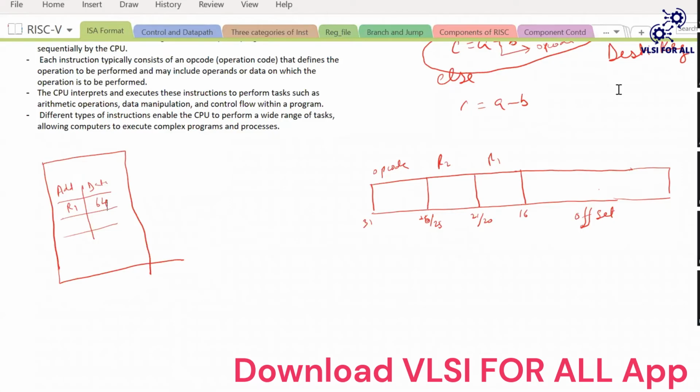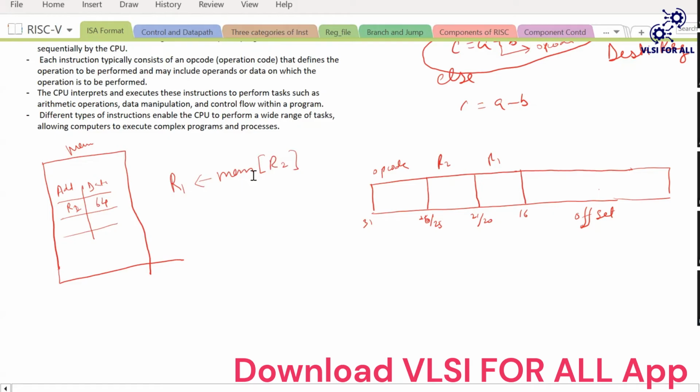While loading the data, this is our memory. R1, sorry, this is R2 actually. R1 will be equal to mem of R2.